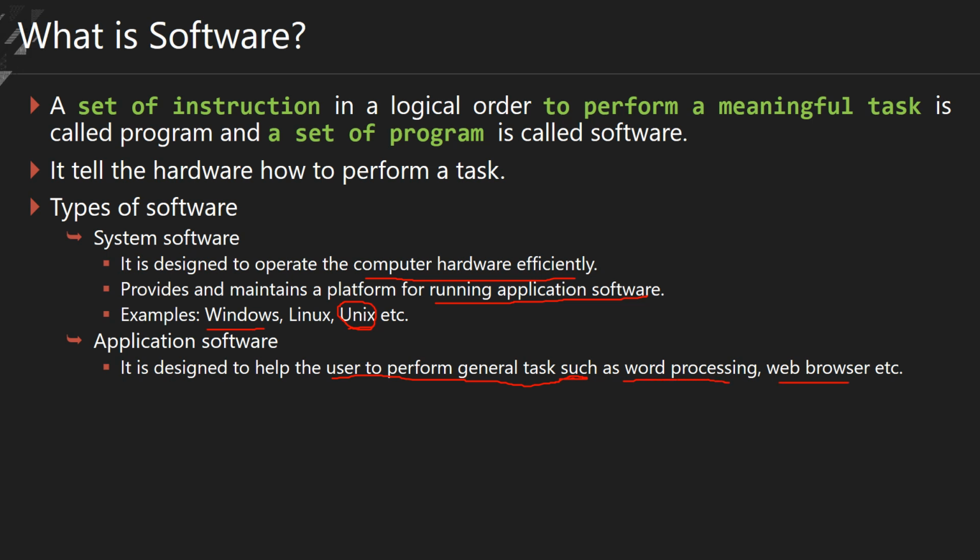Day to day you are using a web browser, which runs on a particular operating system, right? This all comes under application software. Another example is Microsoft Word, Excel, PowerPoint, which all come under application software, right?